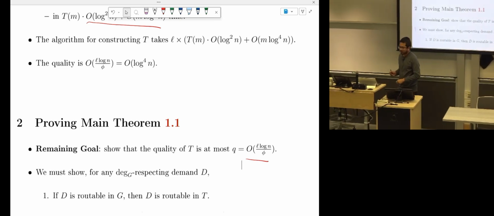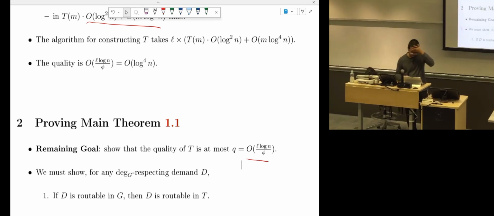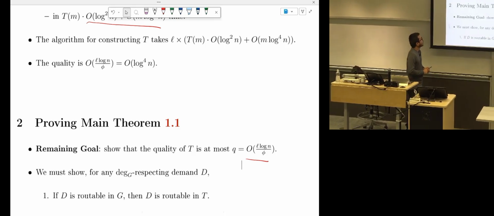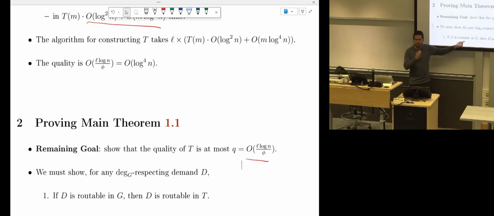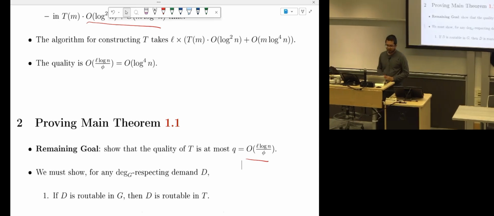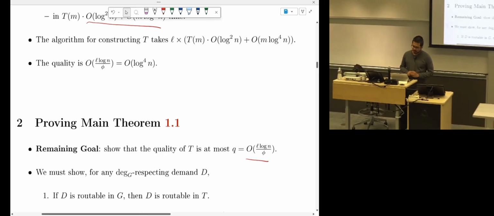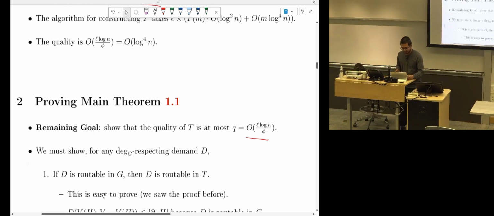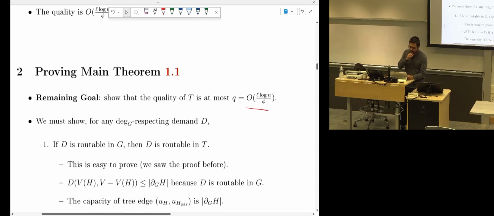Now I want to claim that this first direction is not too hard to see. If it's routable in G, then it's routable in T. This is actually easy to prove, and we saw the proof before. So why is that?